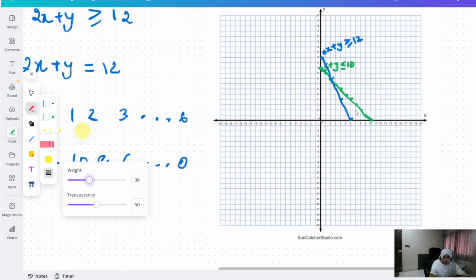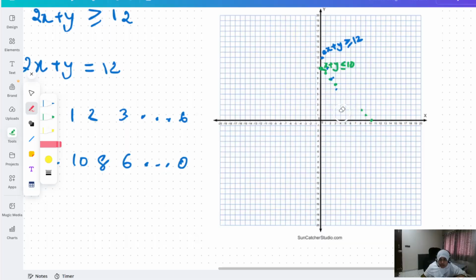This region, not the outer part, this region exactly.